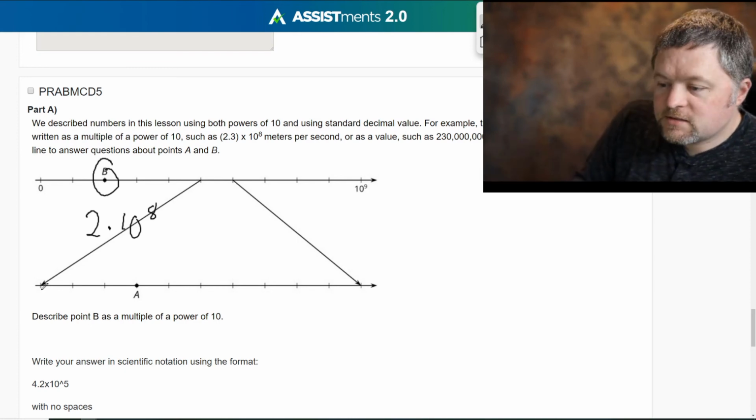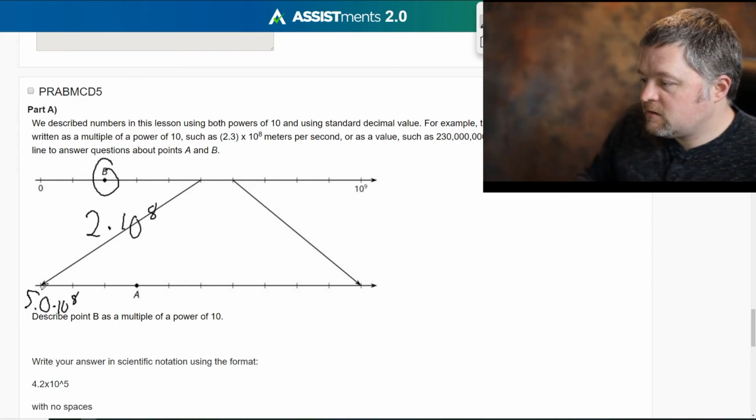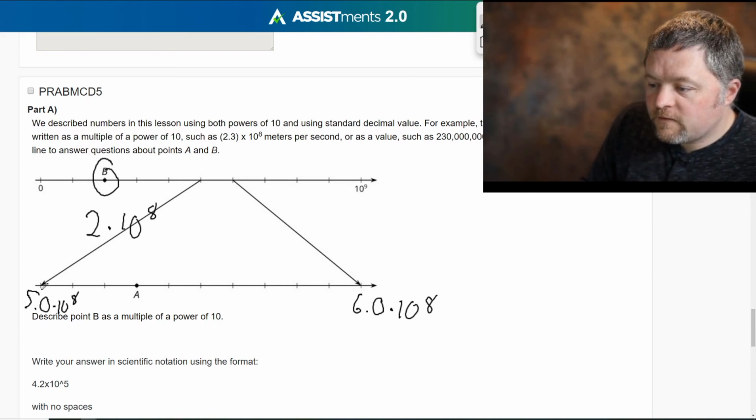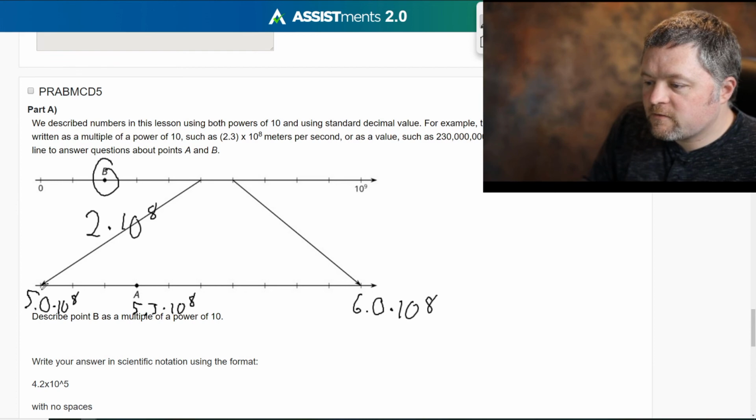So this is 5.0 times 10 to the power of 8. This is 6.0 times 10 to the power of 8, which means point A would be 5.1, 5.2, 5.3. 5.3 times 10 to the power of 8.